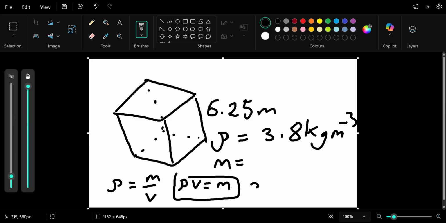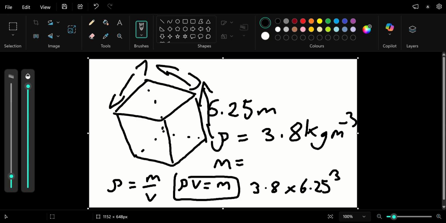Therefore, plugging the numbers in, 3.8 times 6.25 cubed, because of course the shape is a cube, each side length is 6.25 meters respectively, and plugging that into a calculator, we should get 928 kilograms to 3 significant figures.